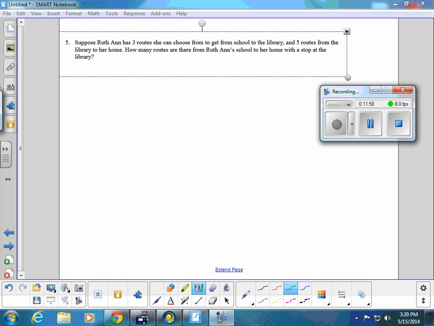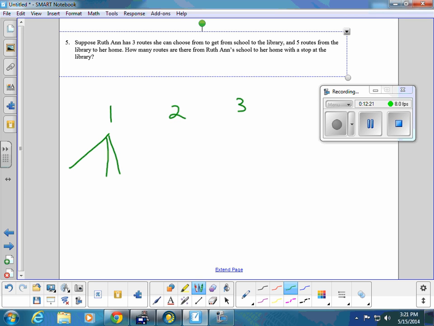Suppose Ruth Ann has 3 routes she can choose from to get from school to the library and 5 routes from the library to her home. How many routes are there for Ruth Ann's school to her home with a stop at the library? So you could draw a tree diagram for this. You have route 1, 2, and 3, and each of those routes could have 5 routes from there.